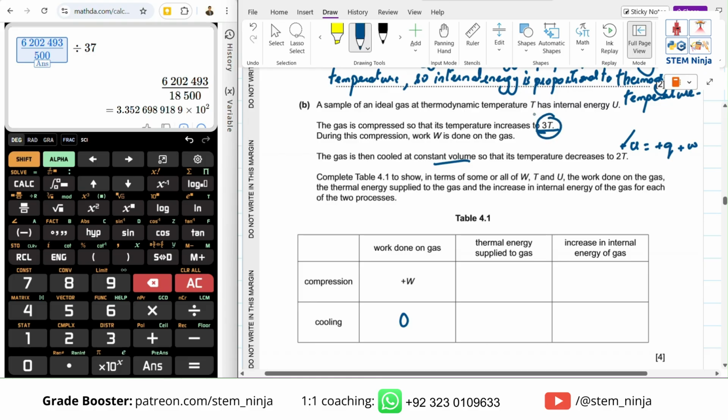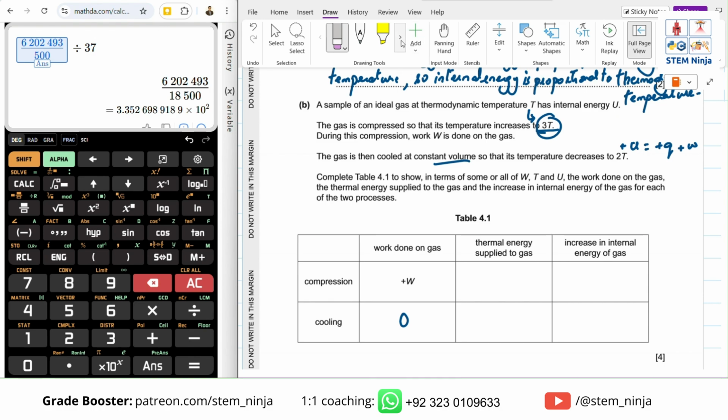It increases to 3T from T. We already said that the internal energy is proportional to the thermodynamic temperature. So the change in temperature also will reflect the change in internal energy. Change in kinetic energy is proportional to change in temperature, which is proportional to the change in internal energy.